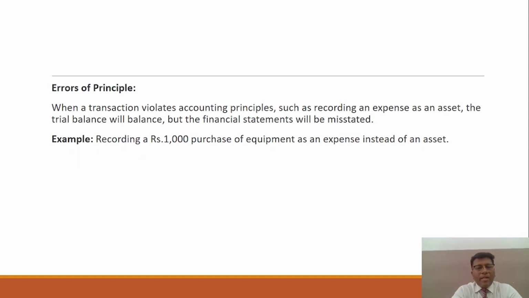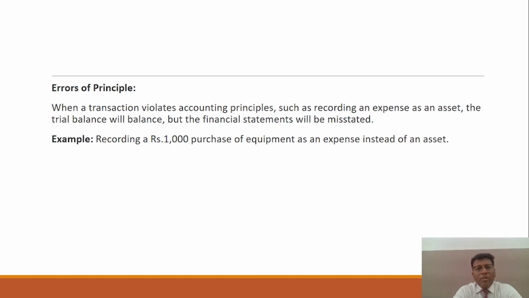Errors of principle: when a transaction violates an accounting principle, such as recording an expense as an asset. As I told you, all the expenses and assets are shown in the debit side. So if there is a transaction relating to expenses, but you write an asset instead, everything else is correct, right? The amount is correct, you have entered the transaction, there is no omission error. This is the error called errors of principle, where you are treating an asset as an expense, right?